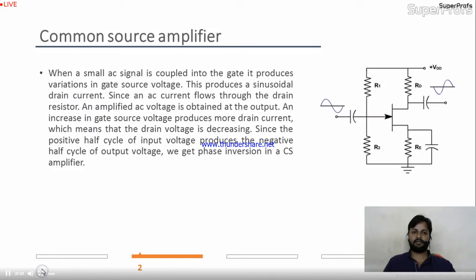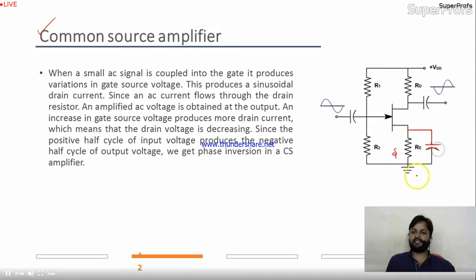Okay. Now common source amplifier. Here, in FET also, we'll see common source, common drain and other kinds of amplifiers. See, I'll tell you what is the motive of this. Where is the source? Here is the source. The source is connected with a parallel capacitor.